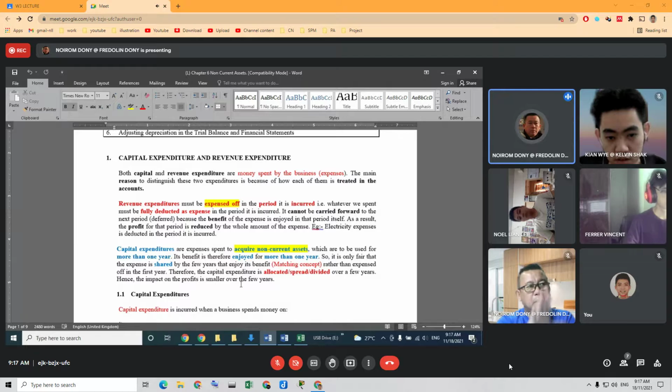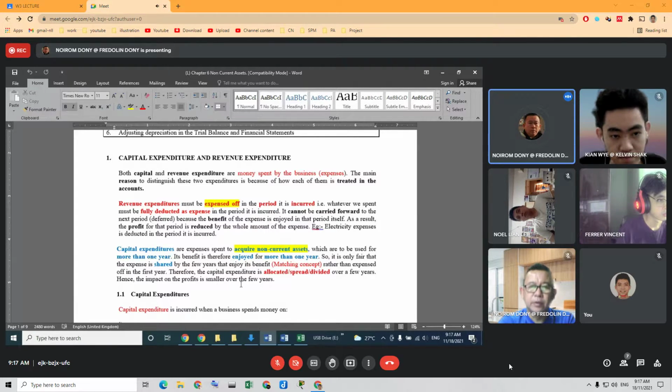Because we are using more than 1 year, it's not right to just match with the revenue one time in the first year. So the impact is so great. So your profit will be reduced, isn't it? So in order to be fair, it will be allocated according to yearly basis over a few years.